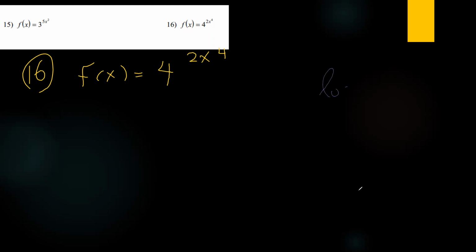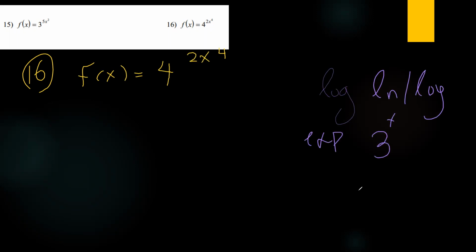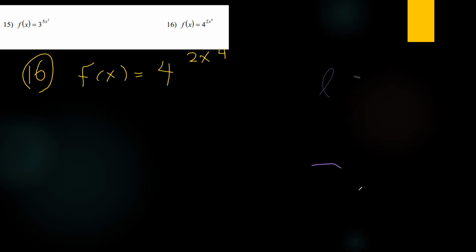Logarithmic means it has ln and log. Exponential means it has a number raised to the power x or e raised to the power x. So it is exponential, bravo. This is the first question that you ask yourself.